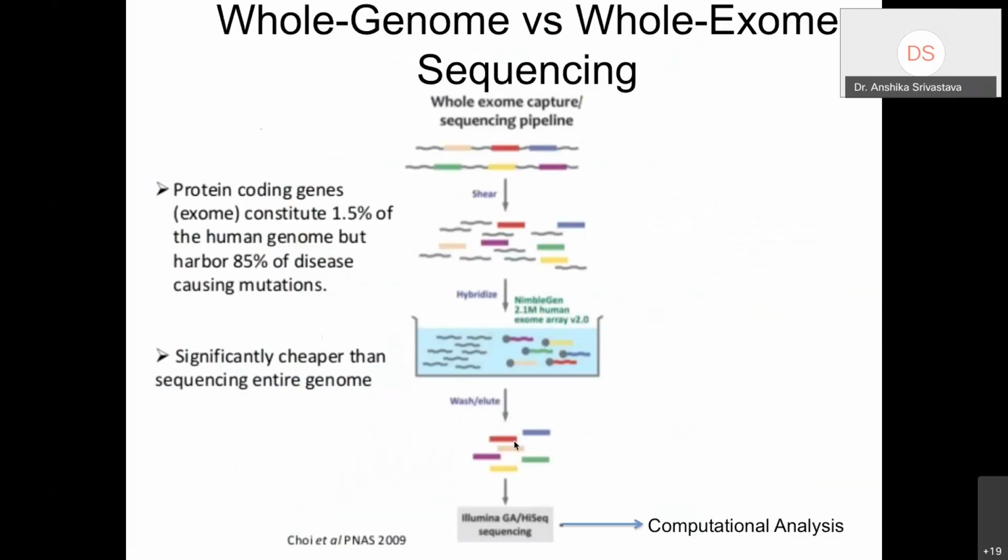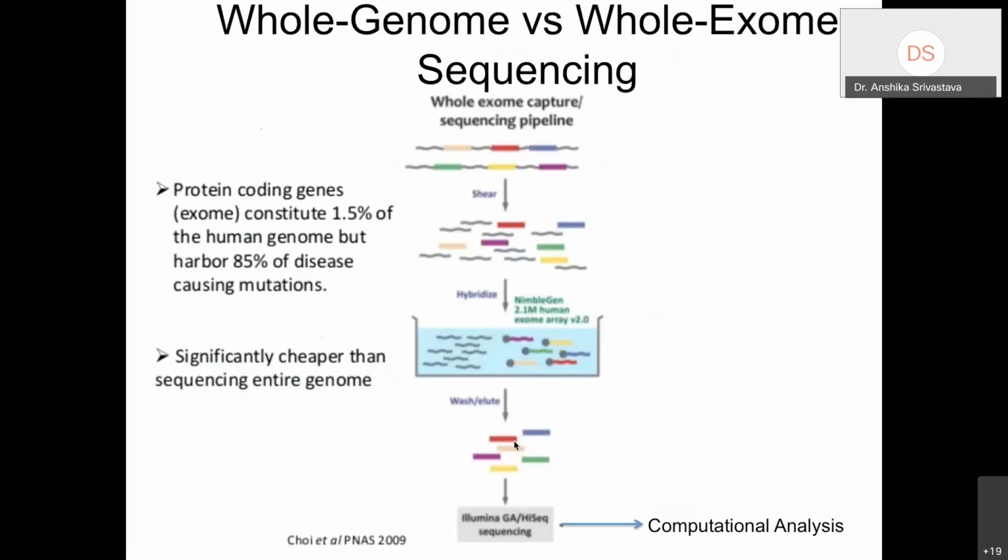So why should we consider whole exome and not the whole genome? Because the exome is just 1 to 2% of the total genome. Whereas if we sequence the whole genome, we will know about the coding versus non-coding regions. But why don't we go with that? It's because whole genome is still pretty expensive, and the annotation pipeline for whole genome is not well established, it is still in the building phase, where you have a lot of data and are still managing the pipeline.